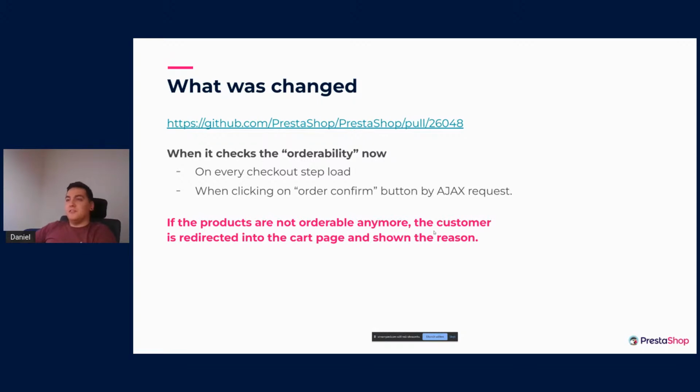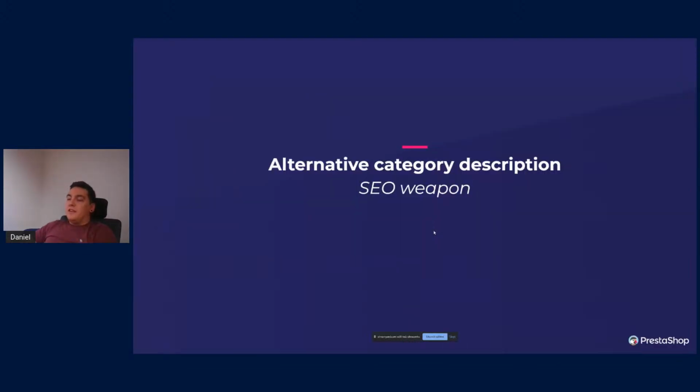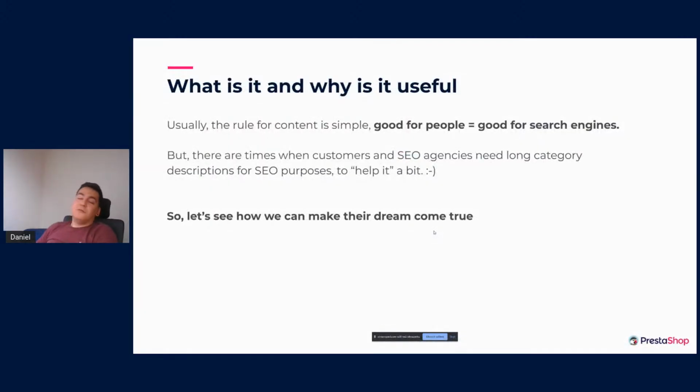So that's one change. Second thing is the second category description. Like usually it goes like this, that if you make good content for people with useful information, with unique information, it's also good for search engines, and they will recognize it and they will rank you high.